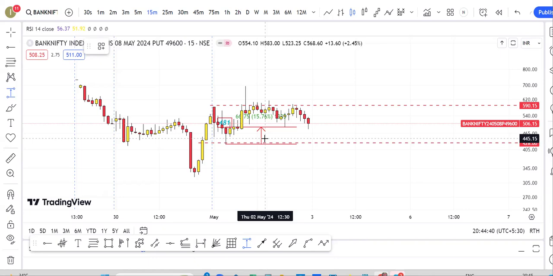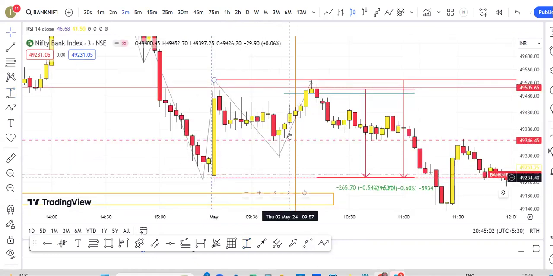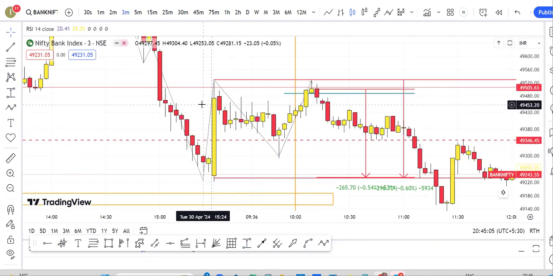If you could have entered properly, even sometimes by practice, you can enter at the lowest level also. You could have entered at 453. You can capture 50 to 60 points. But on such days, on this type of day, the first candle, even the first 3-minute candle, I'm showing it to you, is a big institutional candle.